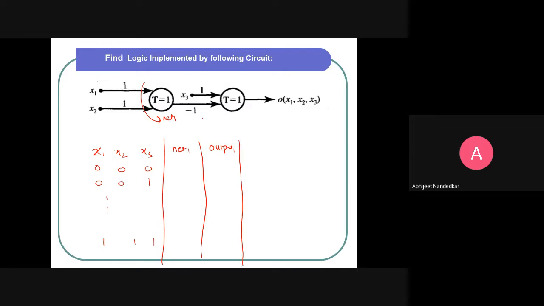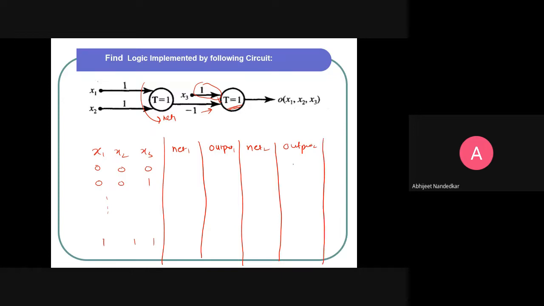Then this will be passed on here, and this extra input will come here, and that will give you net 2. This net 2 is compared with this particular threshold 1, and accordingly output 2 will be produced.